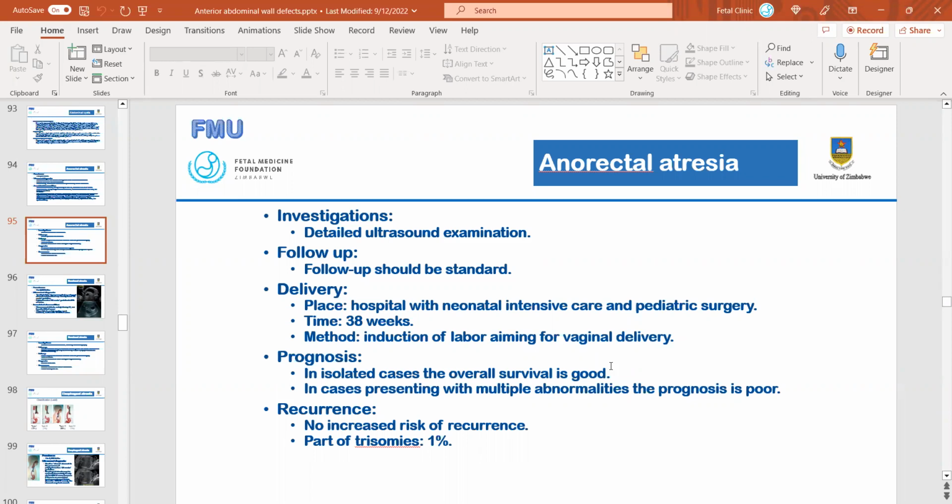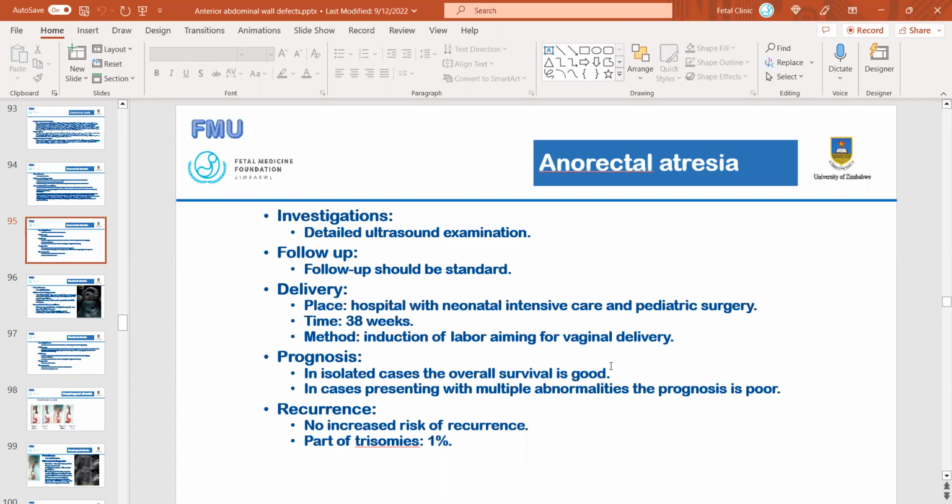There is no increased recurrence in sporadic cases, but when it is part of trisomies, the recurrence risk is 1%. So the other rule of thumb that you need to remember is that whenever there is trisomy, the couple need to know that the risk of recurrence is 1%. This is why they need to come for early screening.